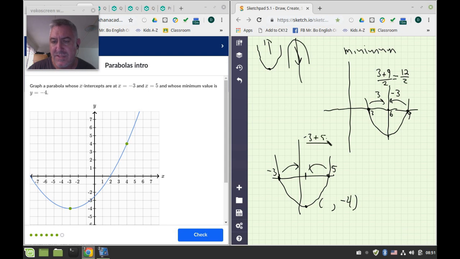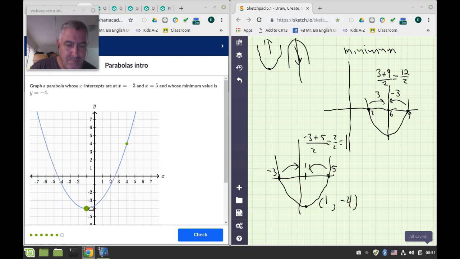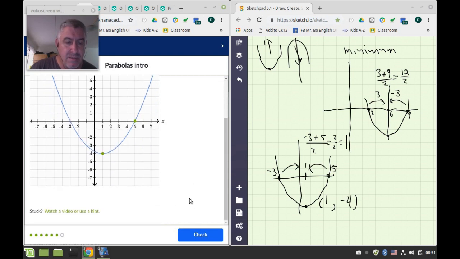Negative 3 plus 5 over 2 is equal to 2 over 2 is equal to 1. So this is at 1, so my point there is at 1. I know my x-intercept is at 5, and the other one is at negative 3. Yeah, it works out. We didn't move that point, but it made itself, and that's a double check for us.